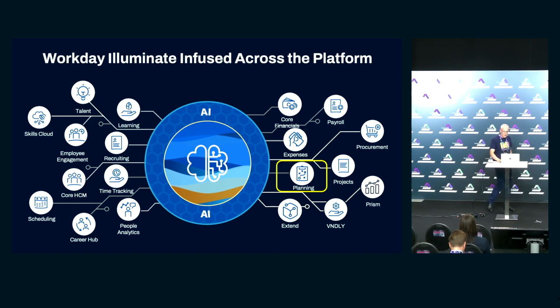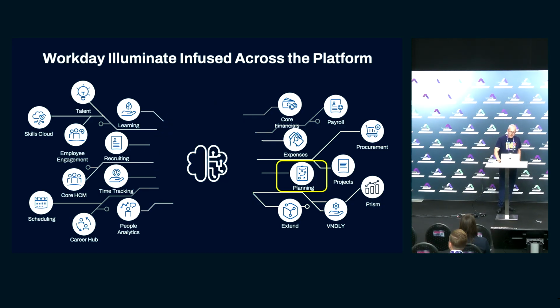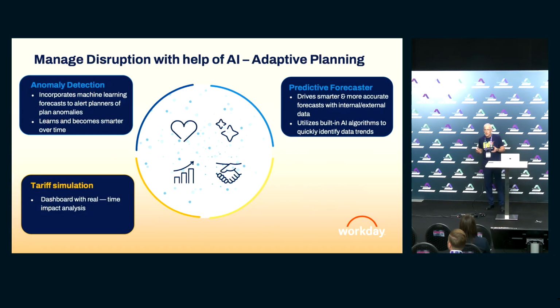Right. So we talked about disruption. What type of disruption can we think about? There have been energy prices in the past or interest rates. More recently, we have this topic of tariffs that comes to mind. So I want to show you some examples in this domain.